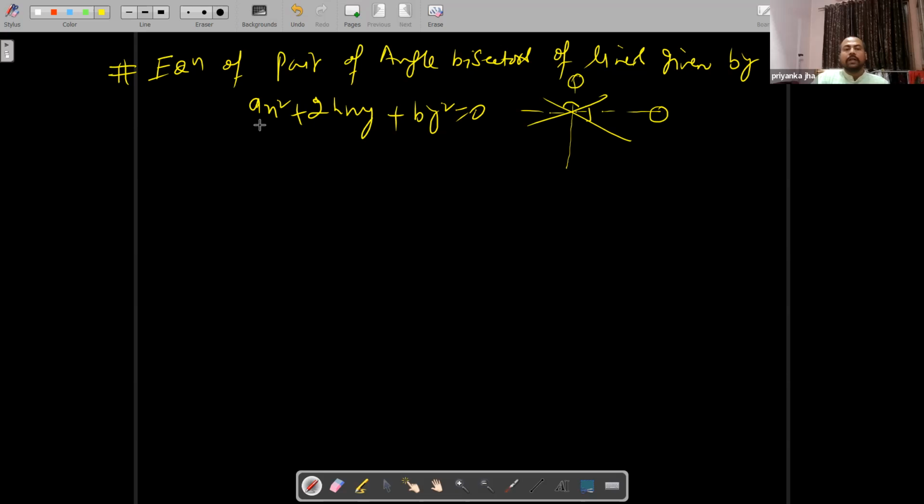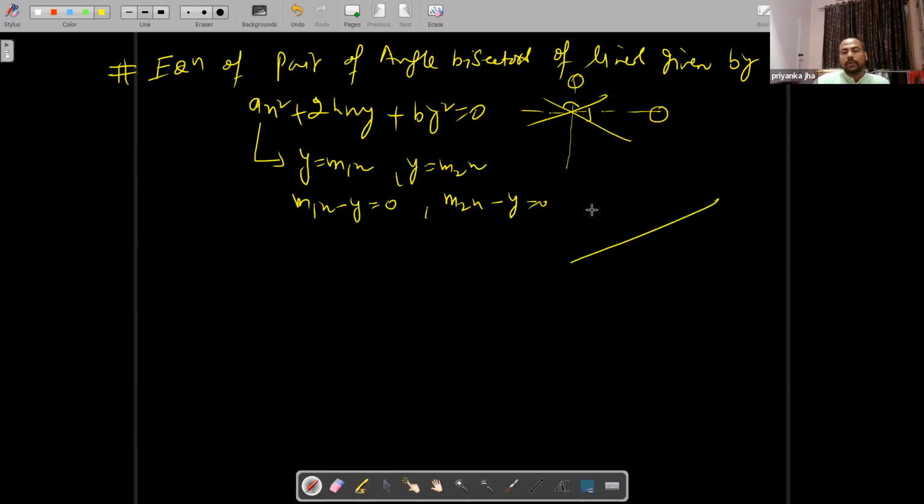Now, we know that this combined equation will represent two lines like this, y equal to m1x and y equal to m2x. So this is m1x minus y equal to 0, and this is m2x minus y equal to 0.